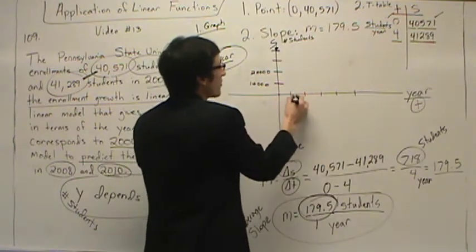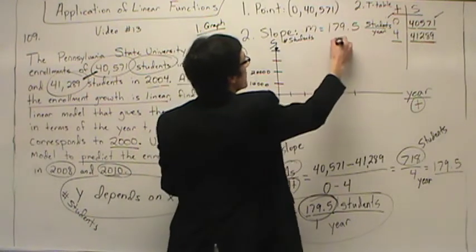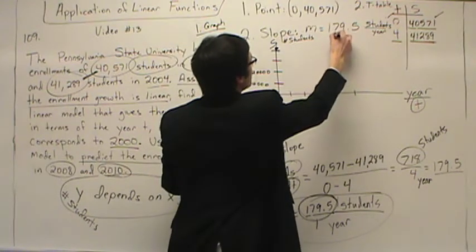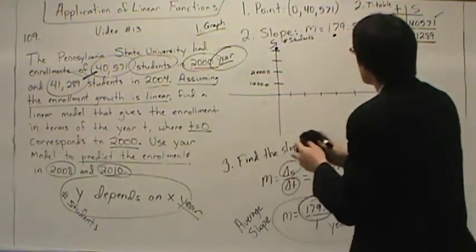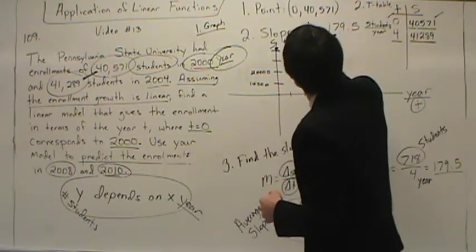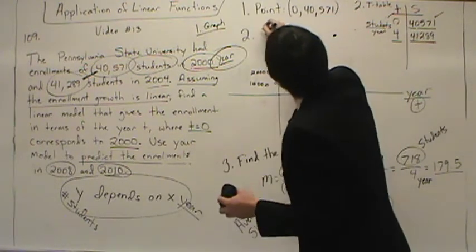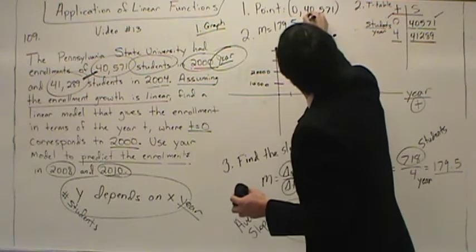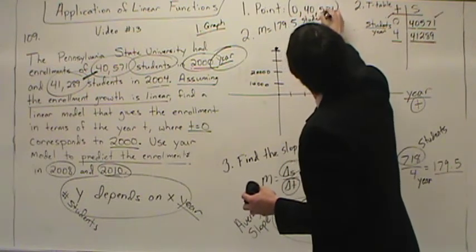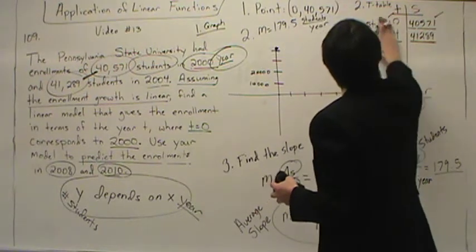At year 4, 1, 2, 3, 4, we are at 41,289, which is even slightly higher. This is very scrunched. The slope equals 179.5 students per year. Erase this.